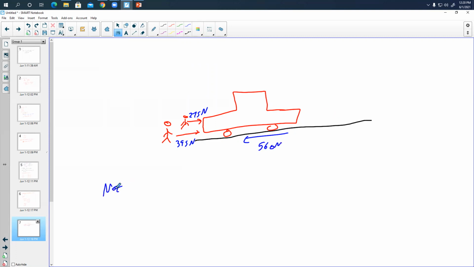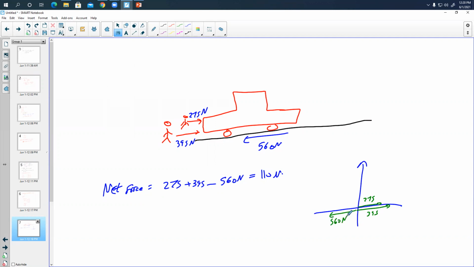Your net force is your 275 plus 395 newtons minus your 560 newtons. So it'd be 110 newtons. They actually do it in a graph. So you have a force going in here and a force going in here at 275, 395, and one going this way at 560 newtons.